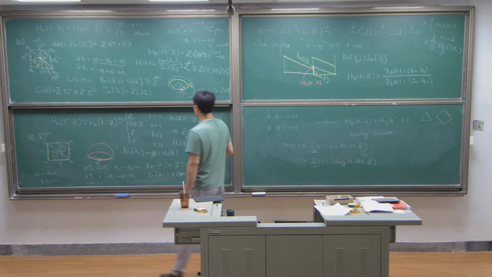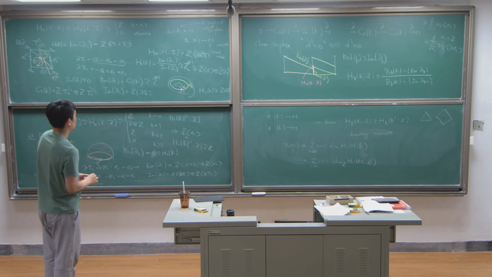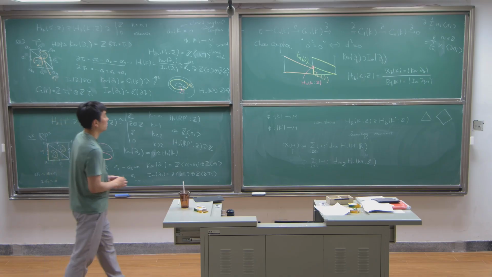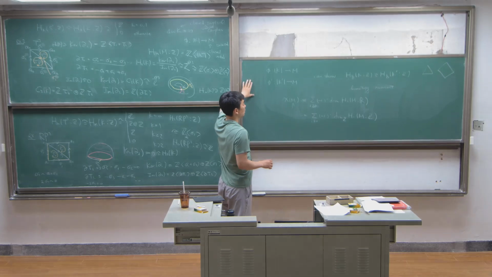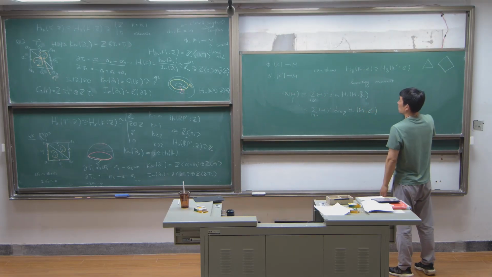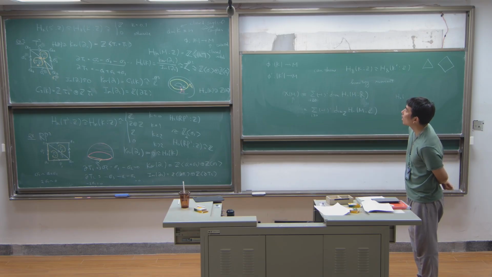This means that, for instance, we already knew RP2, the homology group of RP2, I already erased it somehow.